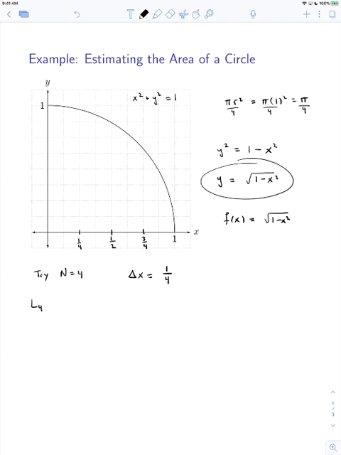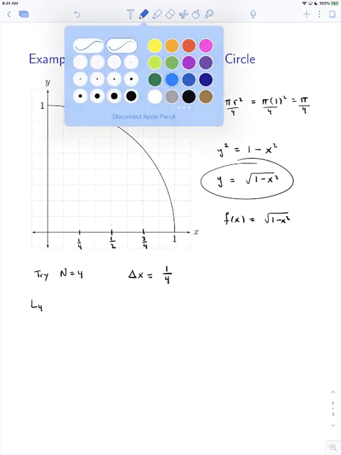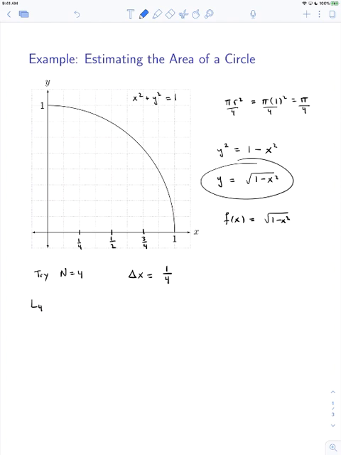Now, if I'm doing L sub 4, then I need to look at the left endpoint. So my first interval goes from 0 to 1/4. The left endpoint is 0. And so the height is just slightly above the circle, like so. So L4 is going to be equal to, well, what is the height of this?